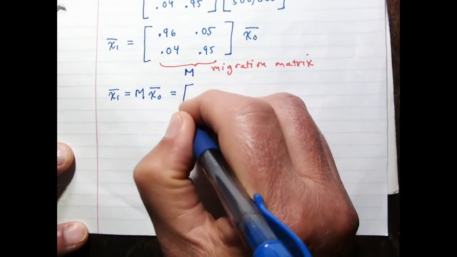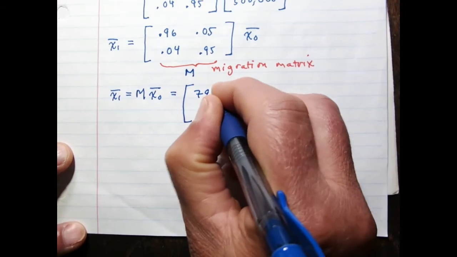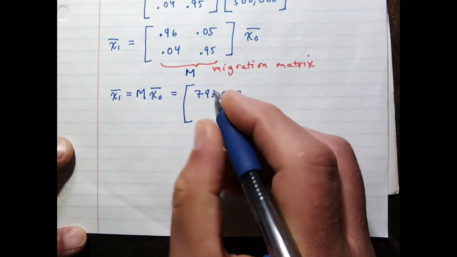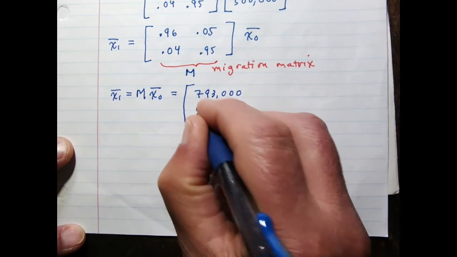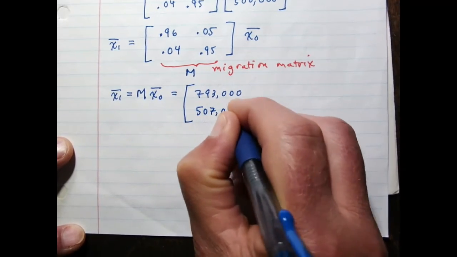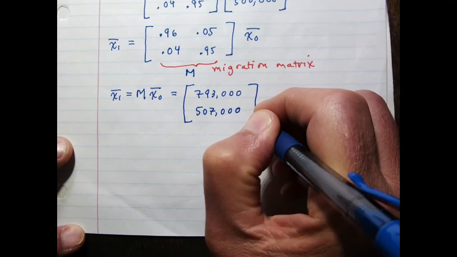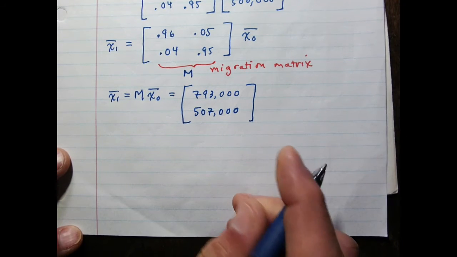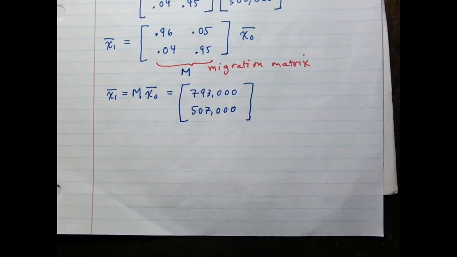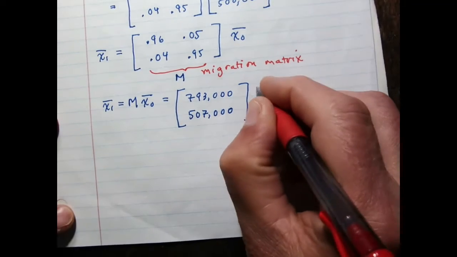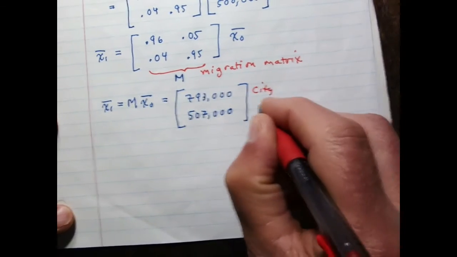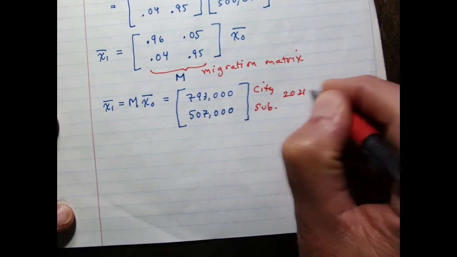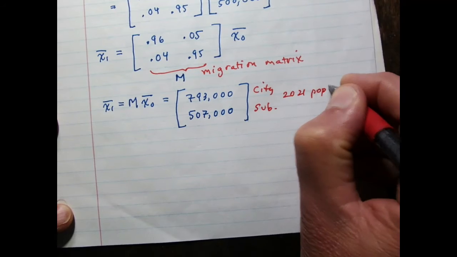I got 793,000 and 507,000. And that's the city and suburb 2021 populations, right?